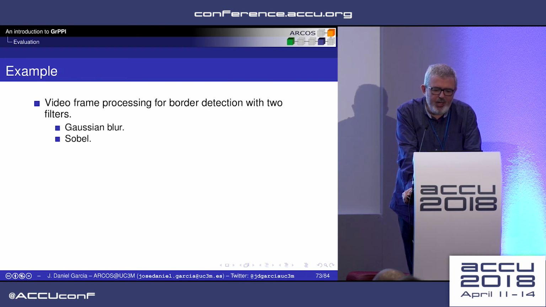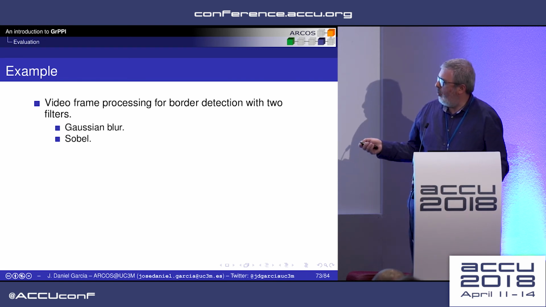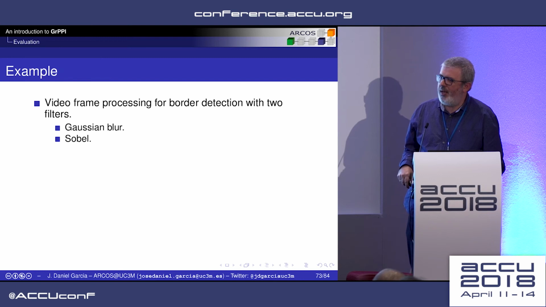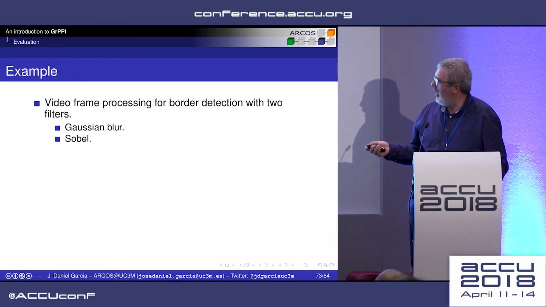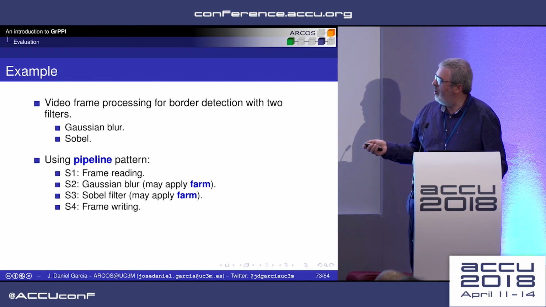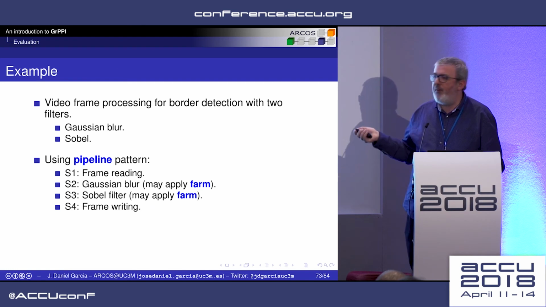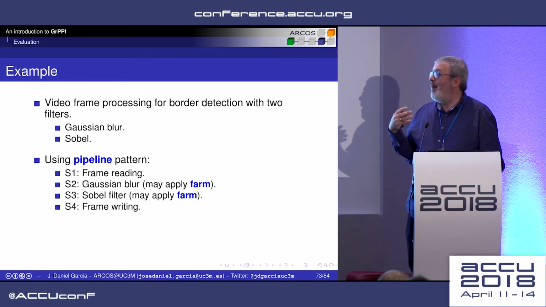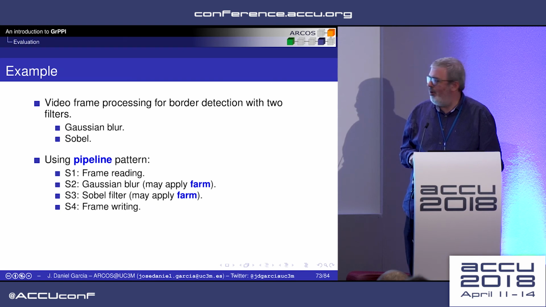So I have 4 stages in my pipeline. The first one is just reading a frame. The second one applies a Gaussian blur, and I might decide to farm this stage. The third one is the Sobel filter, and again I might decide to apply a farm or not, and finally writing to disk.